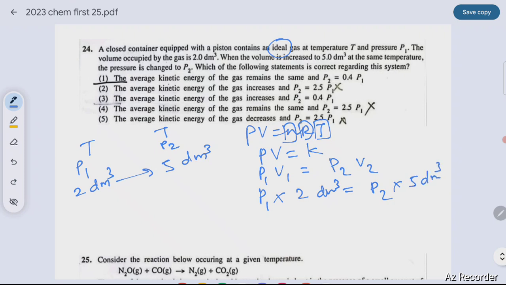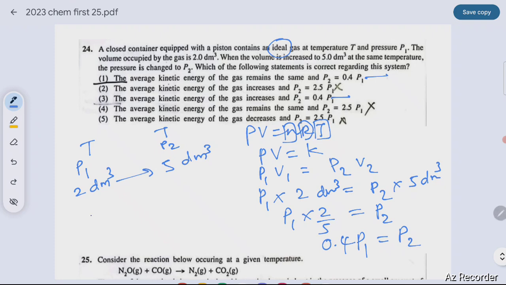Now they are asking with relation to P2. If we make P2 the subject, P2 equals P1 times 2 over 5, which means 0.4 P1. Now 0.4 P1 is in the third answer and the first answer. The other option is the average kinetic energy. What happens to the average kinetic energy of the gas?